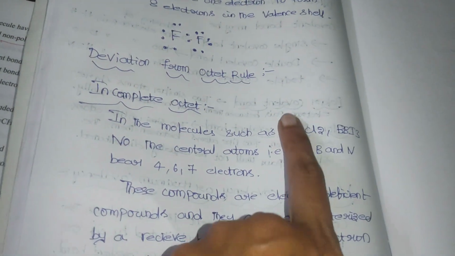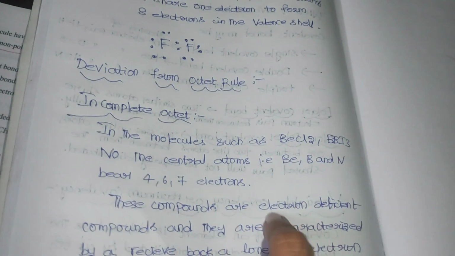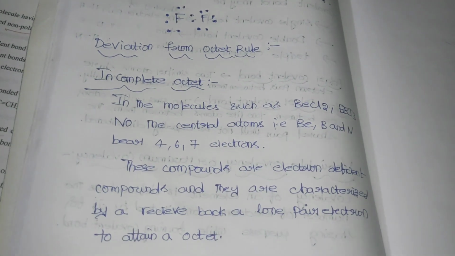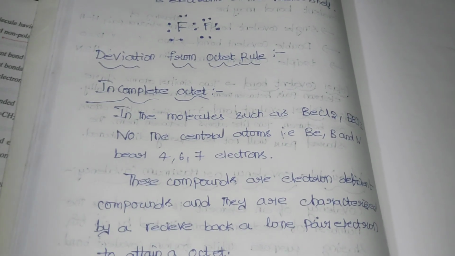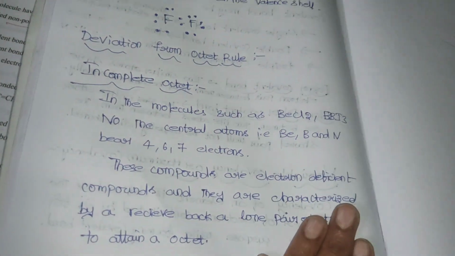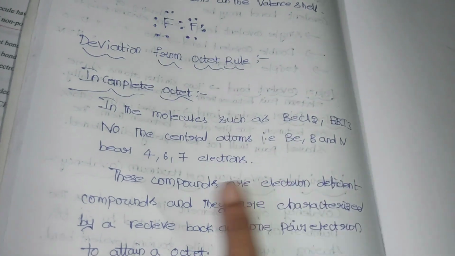So in the molecules also they will not attain the octet configuration. These compounds are called electron deficient compounds.